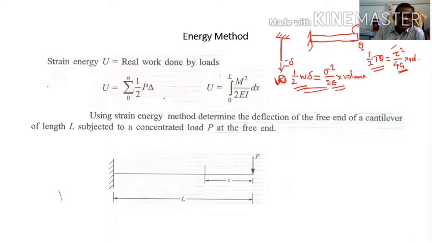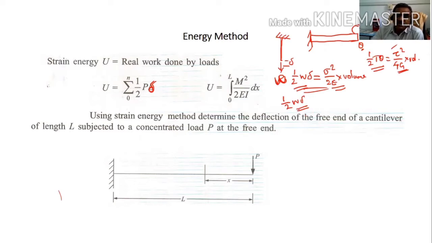Now, in case of a beam, you assume that the deflection is equal to delta. Then work done is equal to half into P into delta, where P is the force applied. Otherwise, you can say W. Here also, half into W into delta.